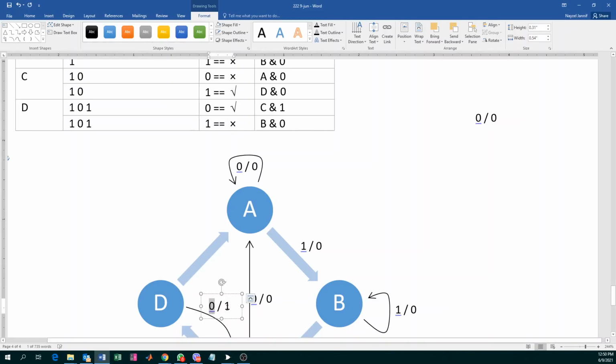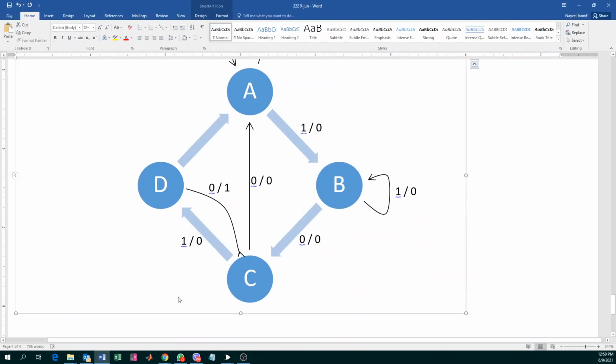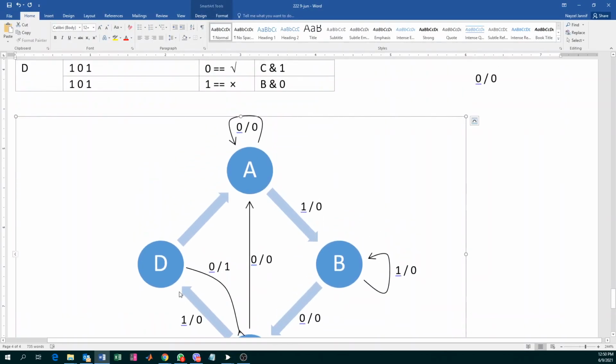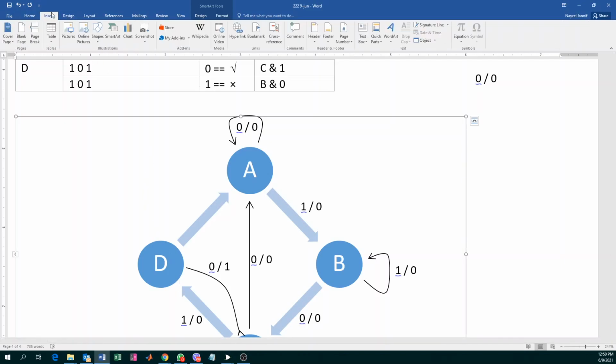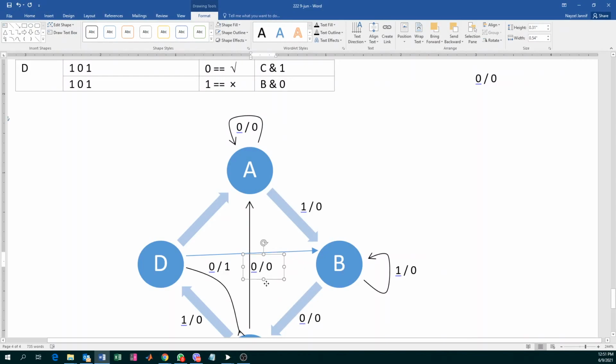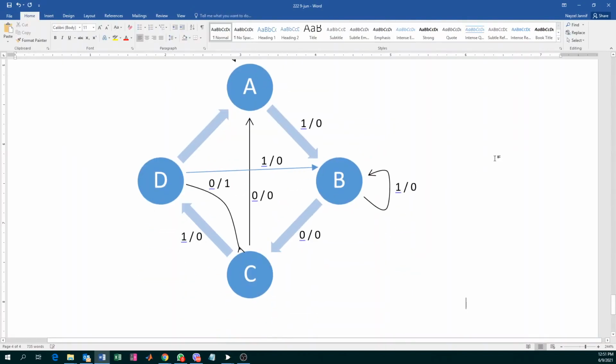Your input was a 0, your output will be a 1. And if you have a 1, you'll go to B. Let me just move this diamond over here. If you have a 1, you will go to B.